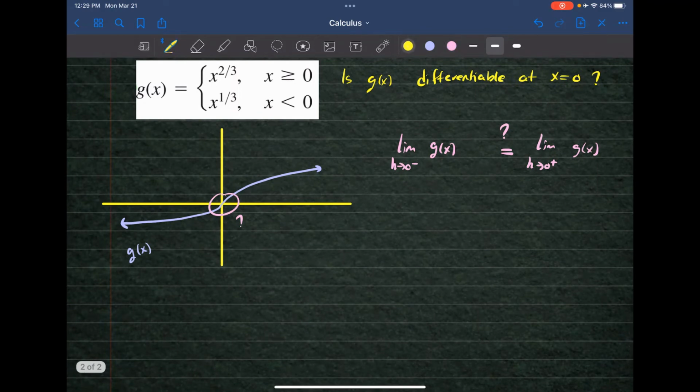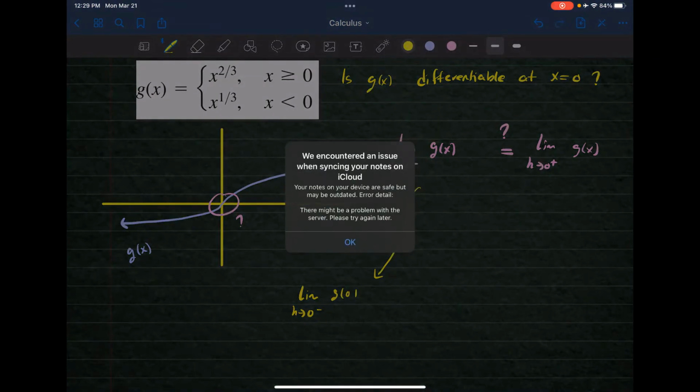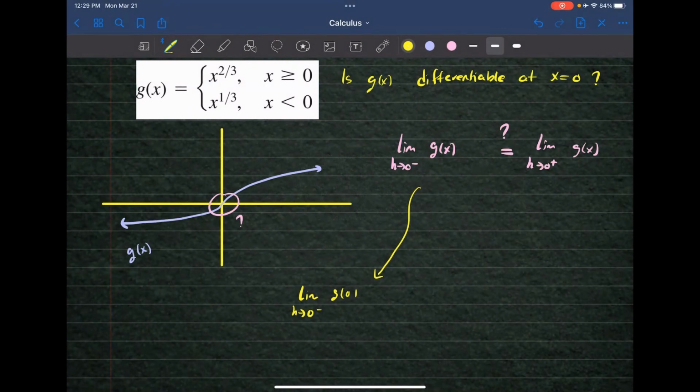So for the left-hand derivative, the limit as h approaches 0 from the left, we're going to use this function, x to the 1/3. So we're looking at g of 0 plus h minus g of 0 all over h.